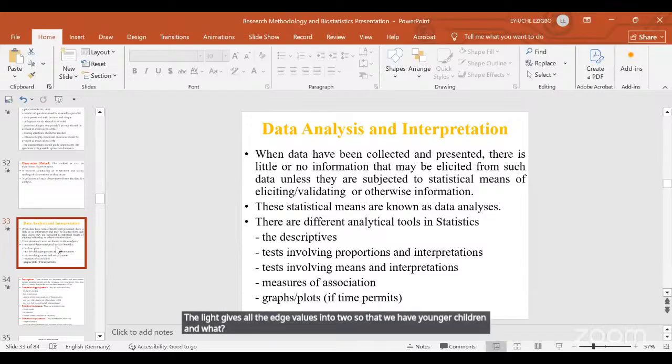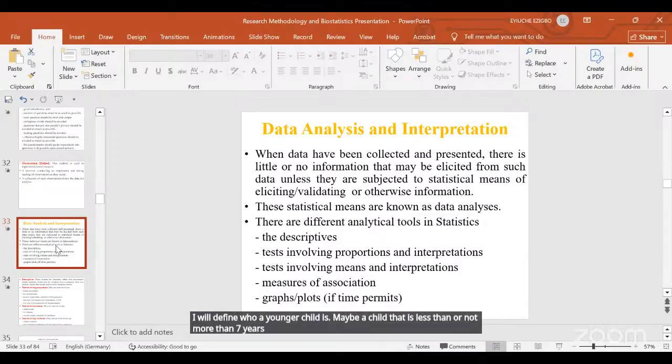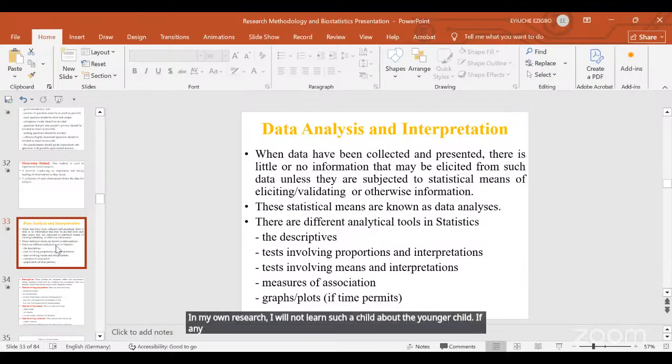Older children. I will define who a younger child is. Maybe a child that is not more than 7 years. In my own research, I will label such a child what? A younger child. But any child that is more than 7 years, I will label the child what? An older child, for instance. I hope it's clear.